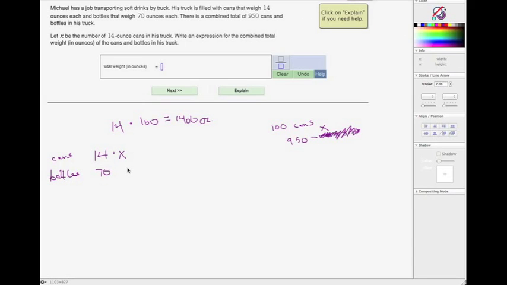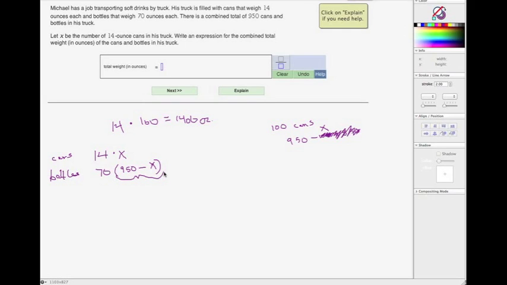So the weight of 950 minus X bottles is going to be 70 times 950 minus X. And we put it in parentheses because we need to multiply 70 by this quantity. We don't know what X is, so we can't subtract it first and then multiply it, so we put it in parentheses to show that it's 70 times that whole quantity.